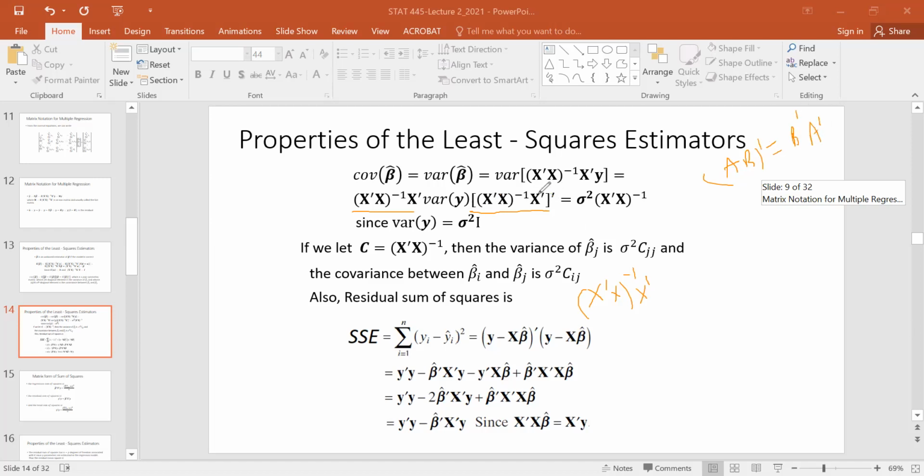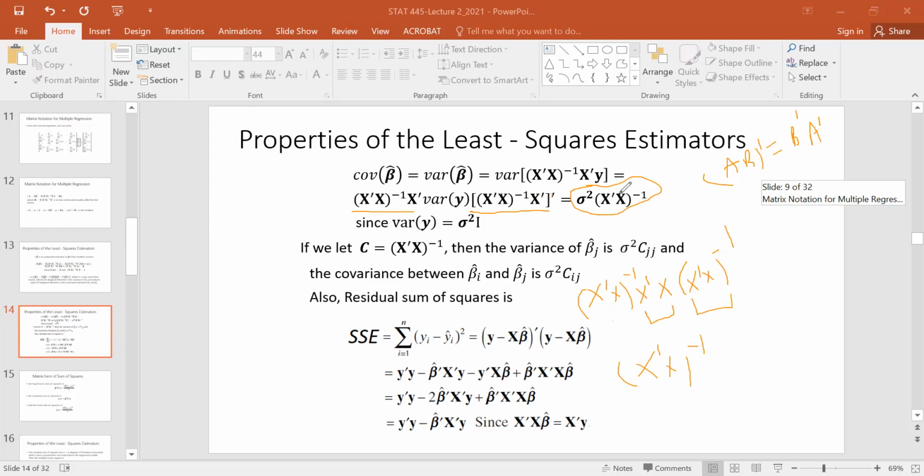This is already transposed. When I operate this on it, then it becomes X. Now, X transpose X inverse is a symmetric matrix, so even if I transpose it, it remains the same thing. X transpose X inverse. Now, this thing here has its inverse here, so they both cancel and become the identity. So I'm left with X transpose X inverse. And my sigma squared was already factorized out. So this is how the covariance matrix looks.